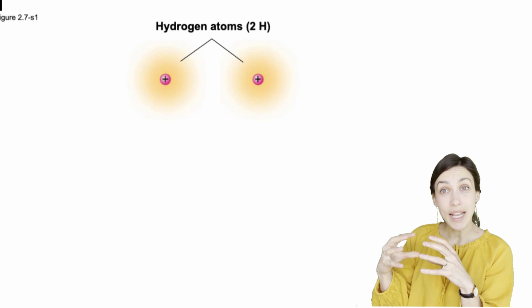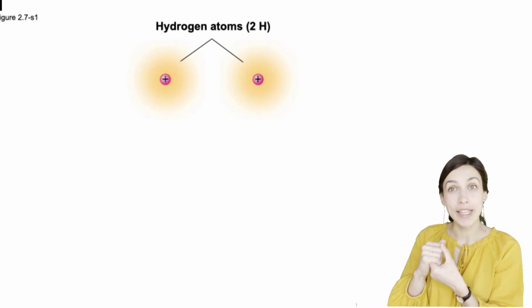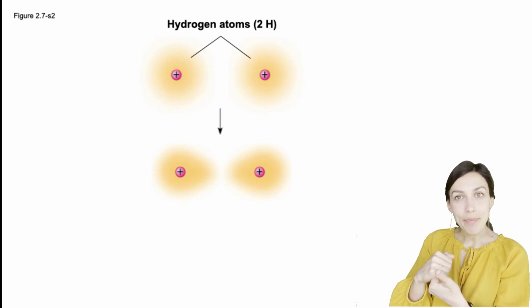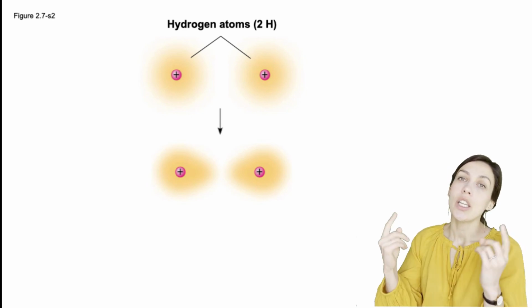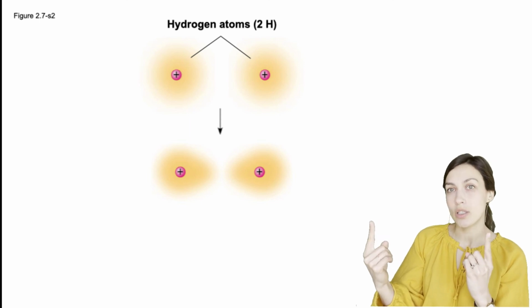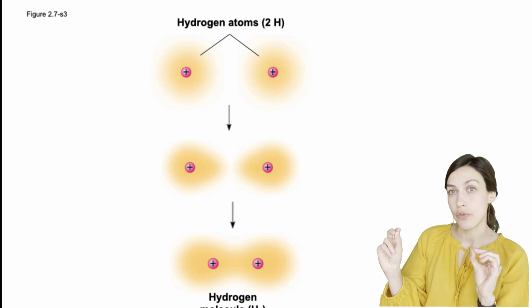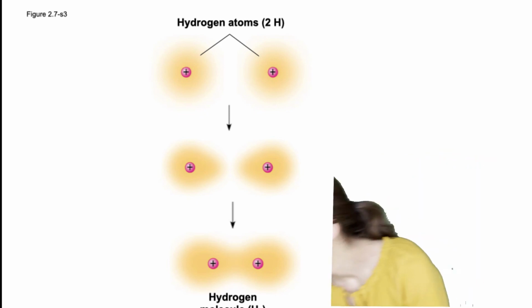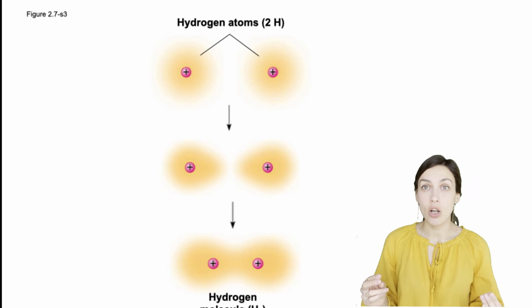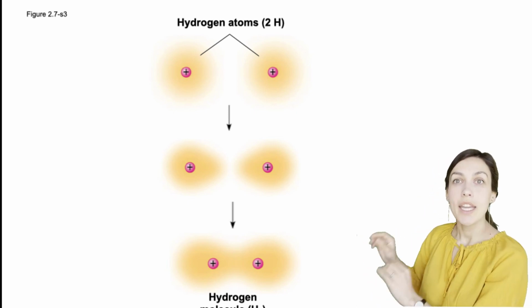Their electron clouds will actually attract to one another and kind of overlap. And this overlapping means that each hydrogen is contributing their 1 valence electron to be shared between the 2 nuclei of the 2 hydrogens.